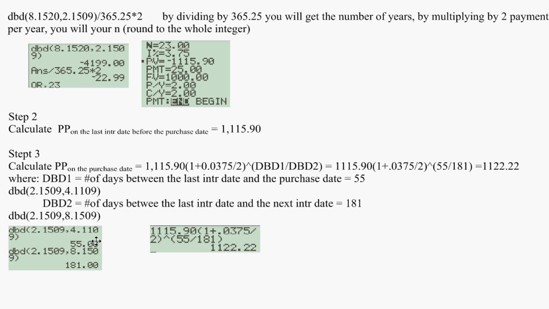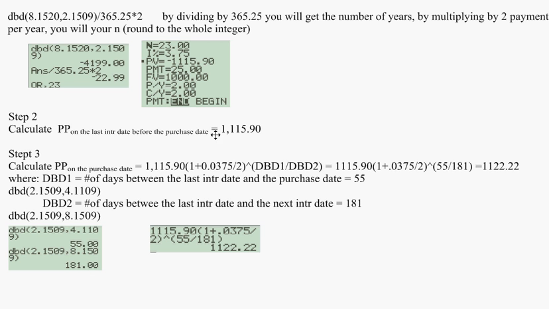We're going to have 55 days. Then next one, we want to calculate how many days are there between the last interest date and the next interest date. So the last interest date was February 15, and the next one is going to be August 15th. Using DBD function, we obtain 181 days.